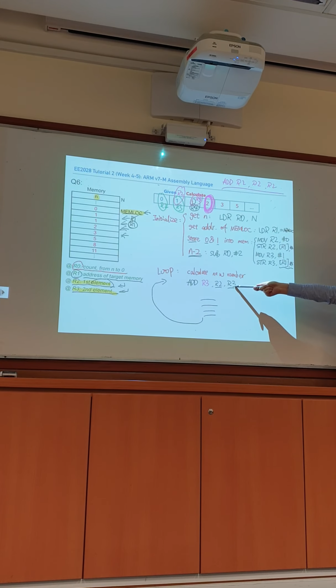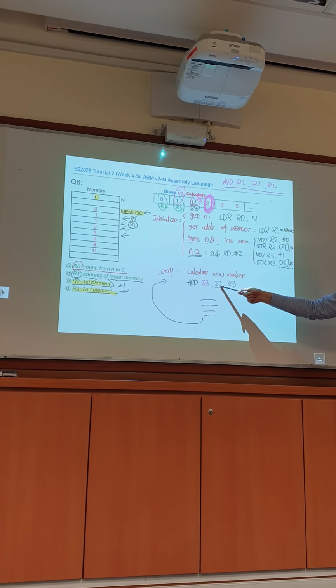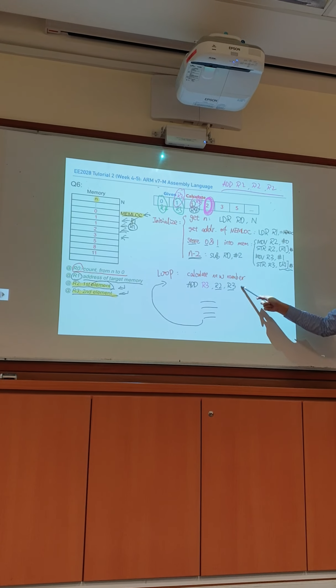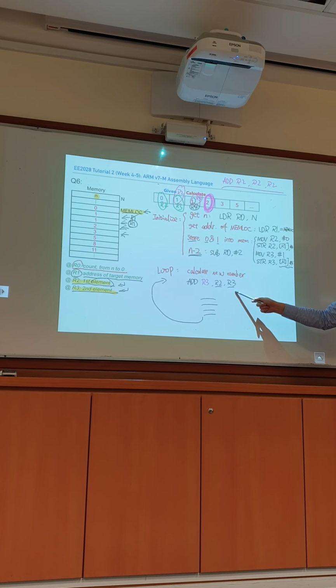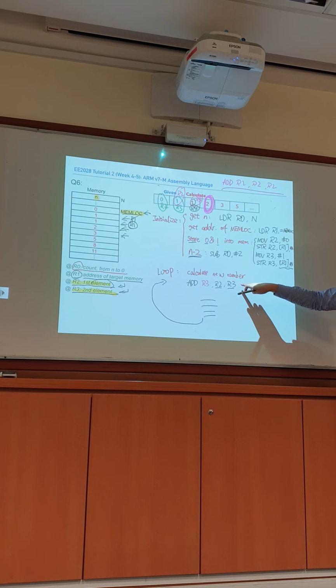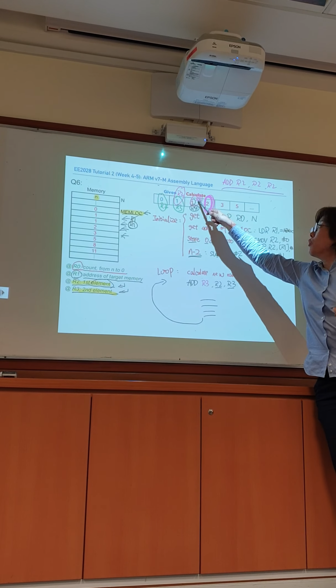Similar here. When you do this, the data you are using is the old value of R3, and the old value of R2. Then your calculation will be stored in R3. There's no problem of that. Okay? So by doing this, you already move your R3 here.